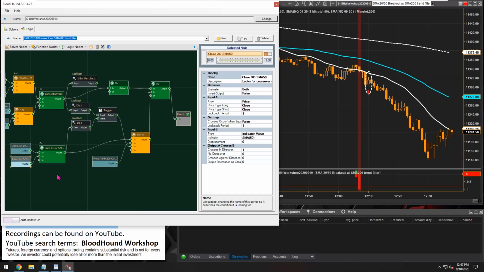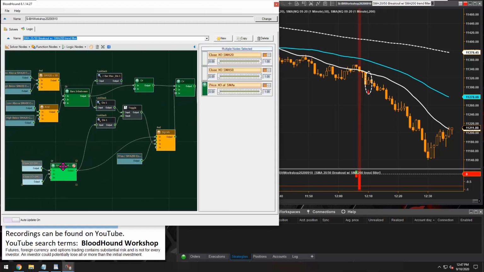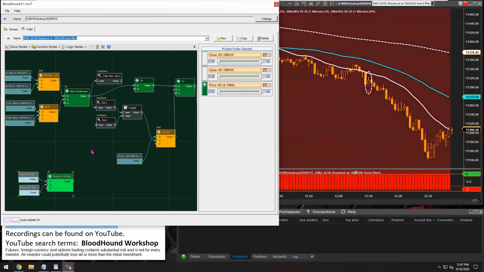I was just trying to think if there was an easier, shorter way, or fewer solvers, to do this. So what I'm going to do is take these crossover solvers here and set them off to the side, and I'll disconnect them from the system.